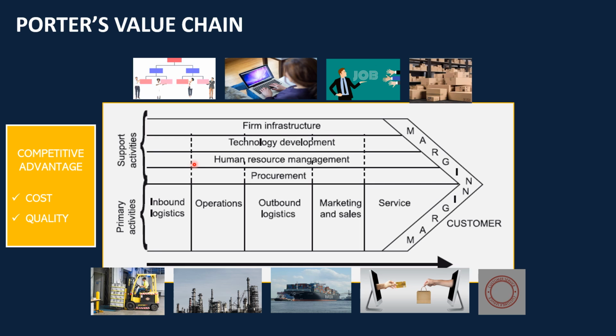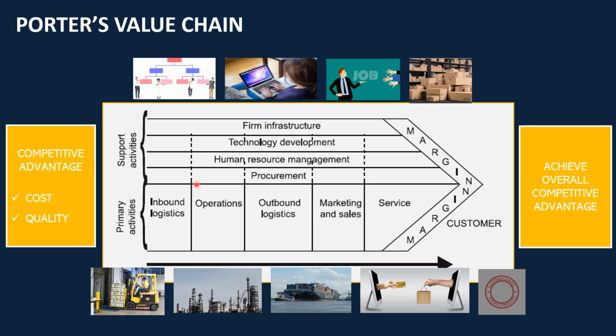And procurement, which is purchasing. Now here it need not be only purchase of material, it could also be purchase of, let's say, a factory premise or a land, etc. All of that could also come under the head of procurement.